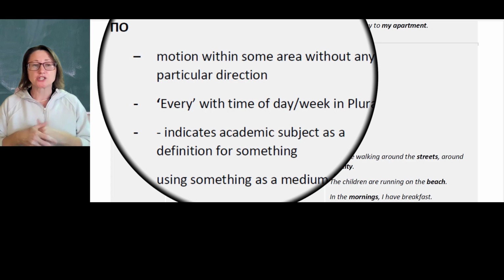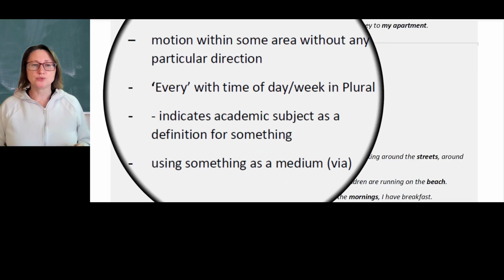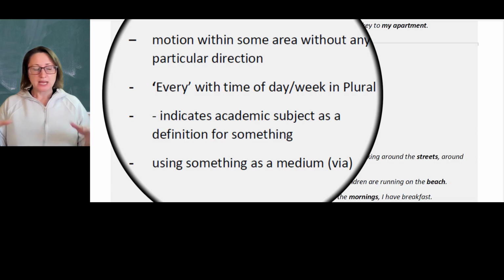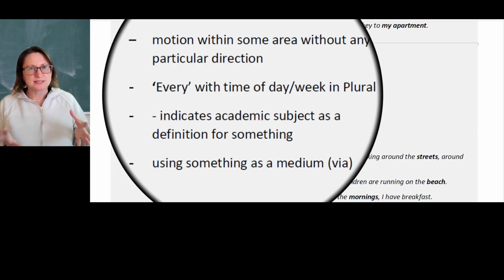So with no direction, with the verbs of motion, we would be using the preposition по plus dative. This preposition is also used whenever we say every with time of the day or with days of the week. And that's it. So we cannot say like every year using по. We actually can in some contexts, but I'm not going to go into that.